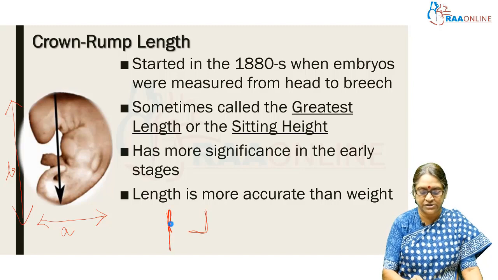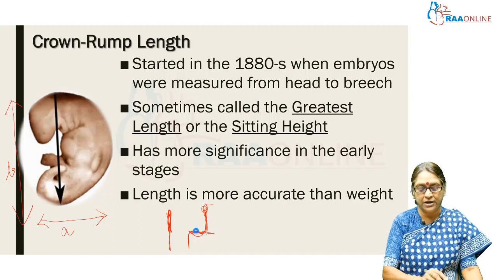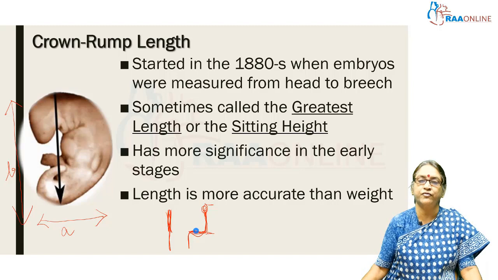So this is not the standing thing, but something like sitting. When we sit, we sit like this on a chair, and here is the head region. So from the head region to the bottom of the torso, that is what the appearance is. So this is sometimes called the sitting height of the embryo, or the greatest length.